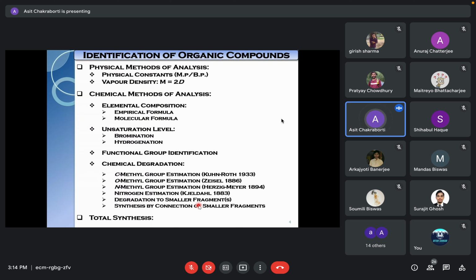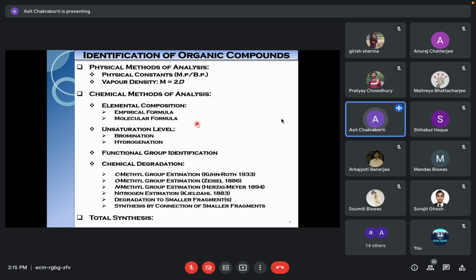That can be distinguished through a different technique. So this can be done in a quantitative way: how much bromine has been consumed, how much hydrogen gas has been consumed, and how much material was subjected to the bromination or hydrogenation reaction. Accordingly, you can quantify how many double bonds are present.